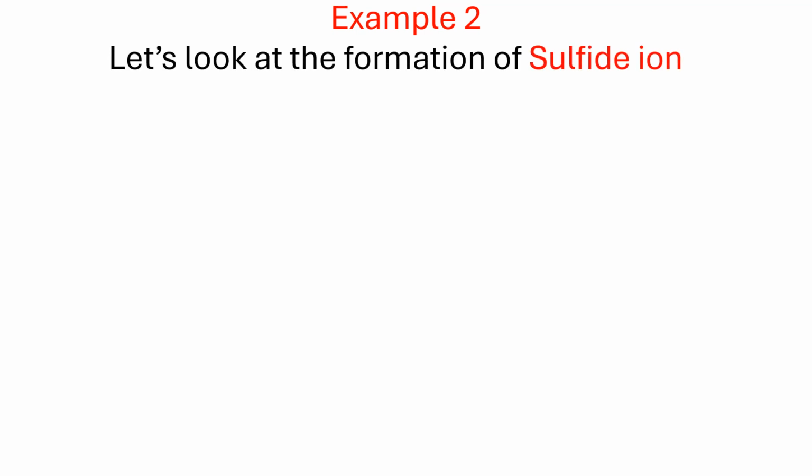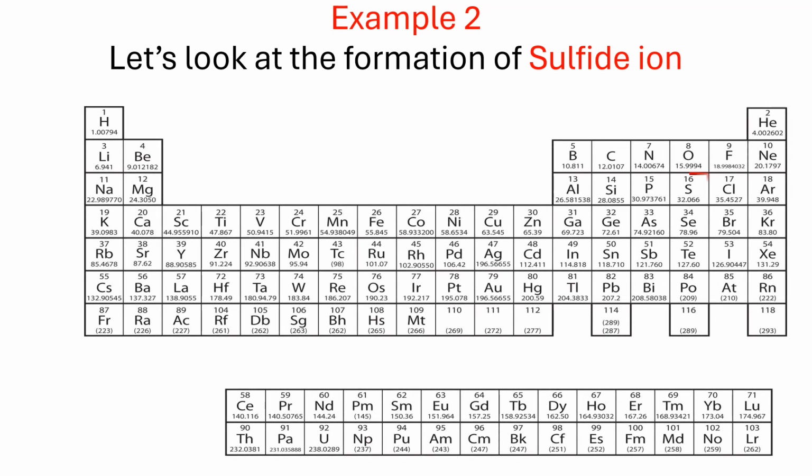Let's now look at our second example, which is the formation of the sulfide ion. We bring up the periodic table and look for sulfur. Sulfur is in group 6A, so it has 6 valence electrons, and it needs two more electrons to look like a noble gas, which is argon in this situation.